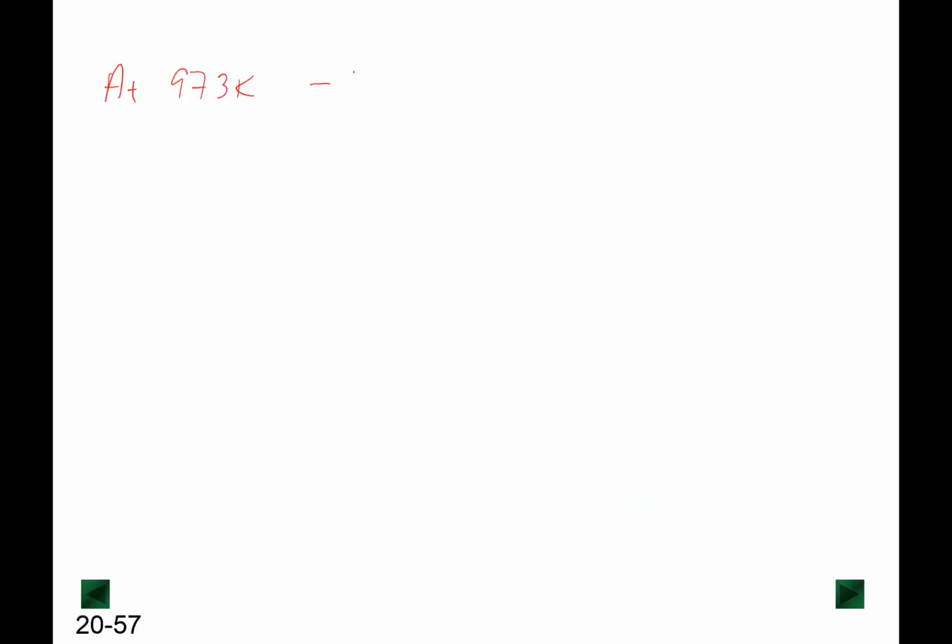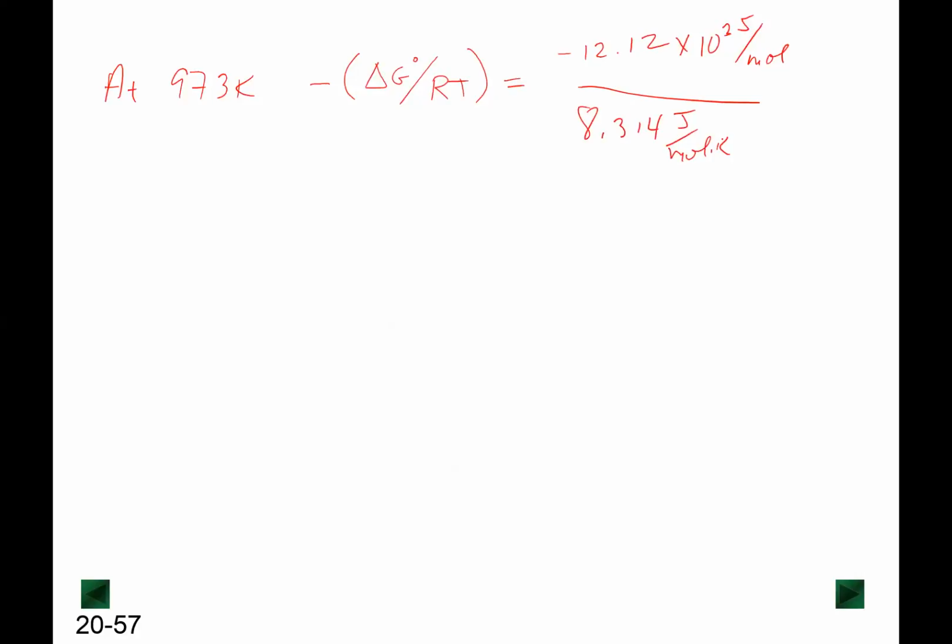We're going to have our minus delta G standard divided by R times T, and we're going to calculate this as a negative 12.12 times 10 to the 3 joules per mole, divided by 8.314 joules per mole Kelvin, and then multiply by 973 Kelvin.